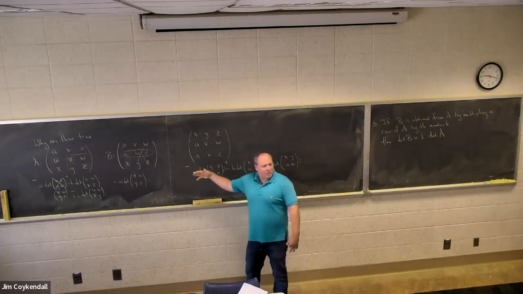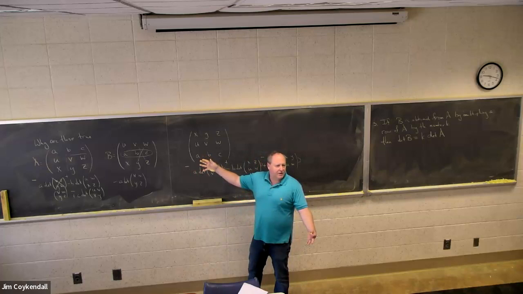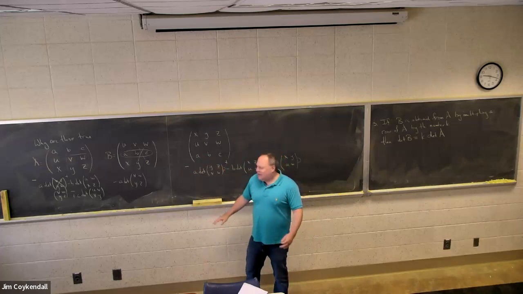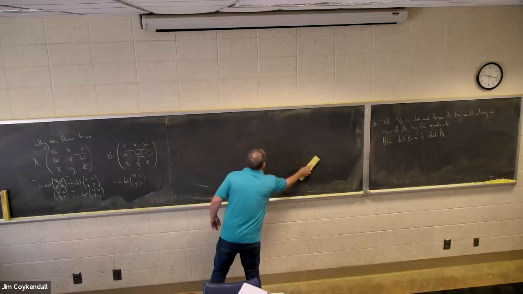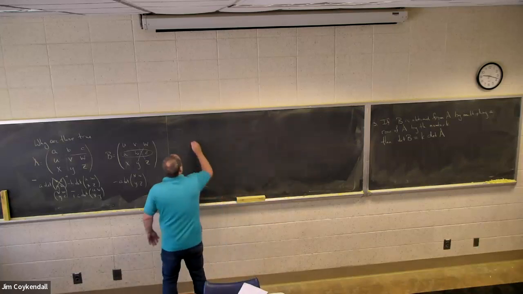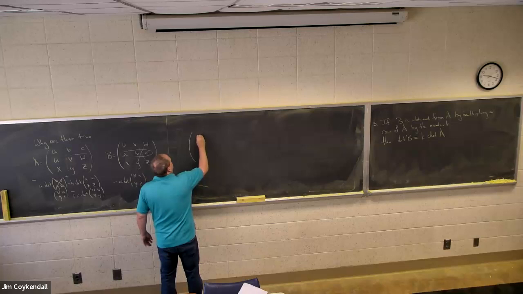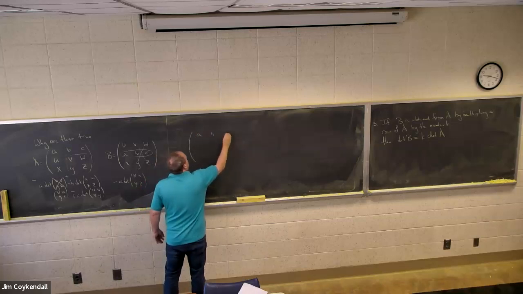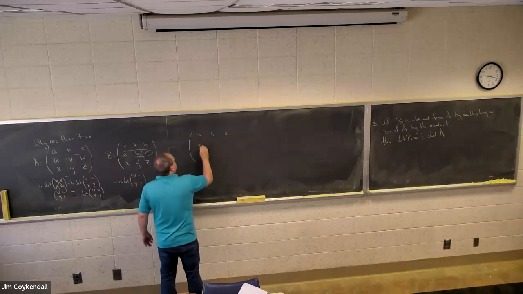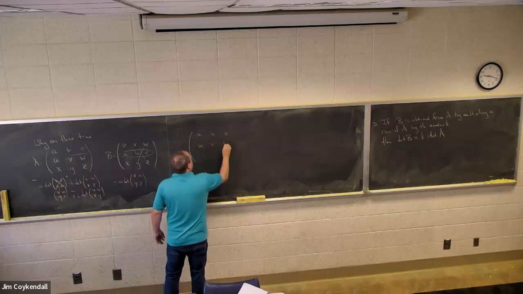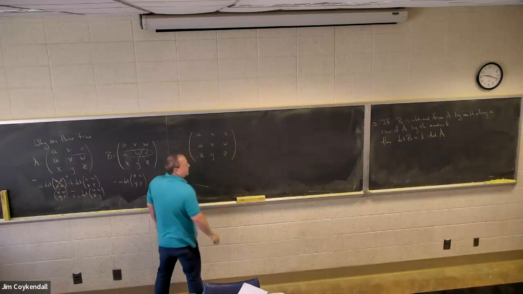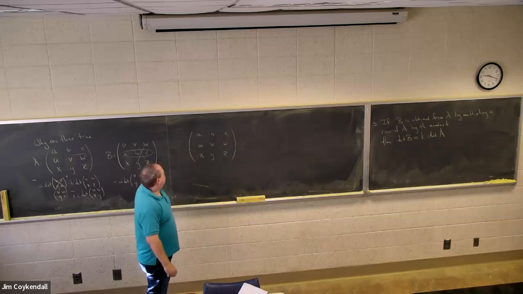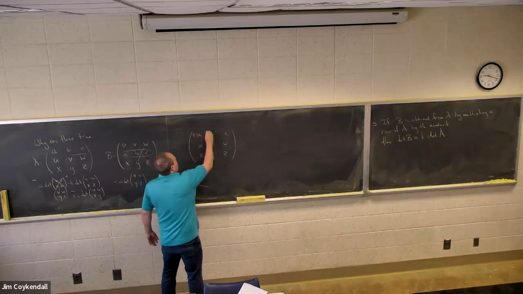Is everybody pretty comfortable with the fact that a swap is going to change the sign of the term? The easiest one, I think, is this one right here. Let's do this one. What happens if I multiply a row by K?